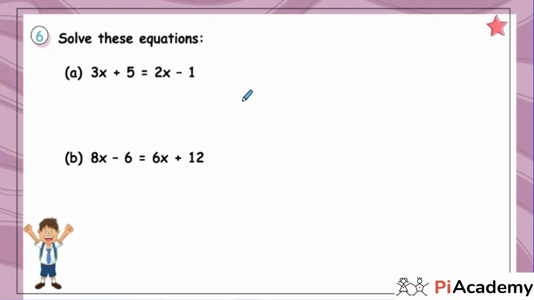Okay, as we decided, we are first removing the variables, right? So we can do -2x on both sides. Is that fine? Okay, so let's do -2x on both sides. Kevin, please mute yourself. Then what do we have? 3x plus 5, and then we are doing -2x.